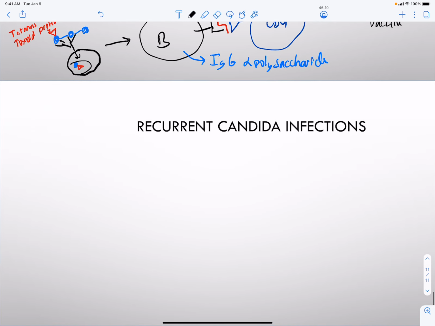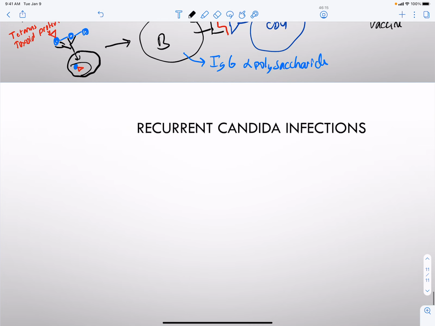Now the last thing I want to talk about is recurrent Candida infections. This is a fungus, a common fungus. It is a normal flora fungus.